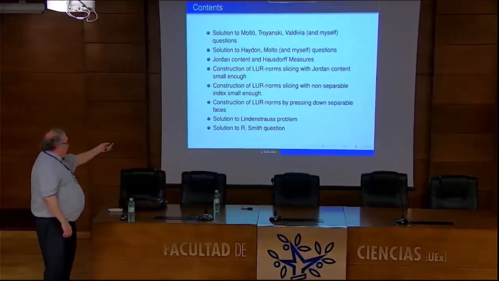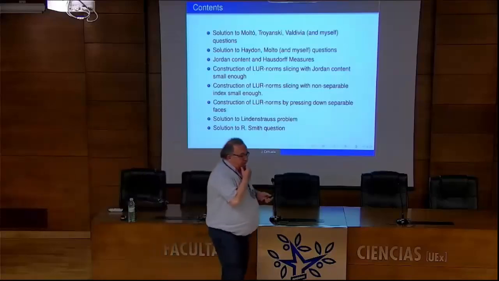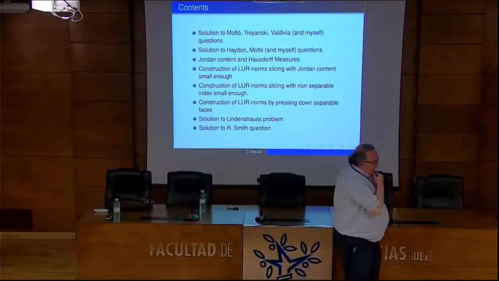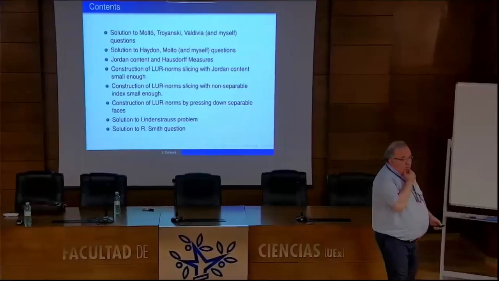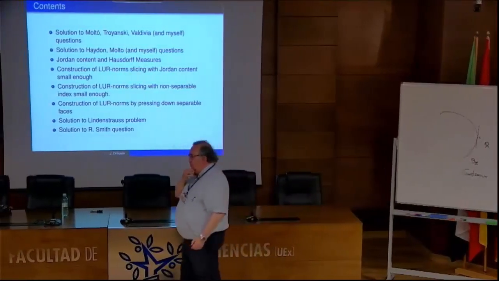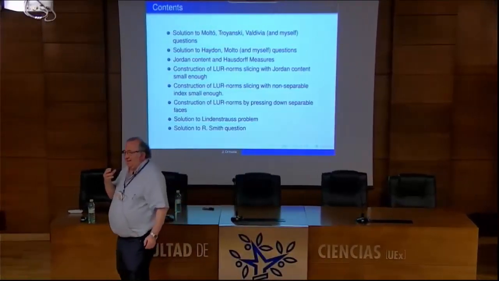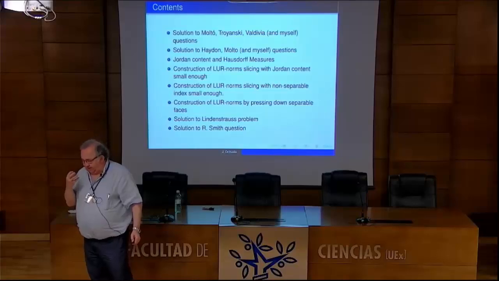So at the end, I have the solution to the industrial problem and the solution to another problem of Richard Smith, who has a problem related to whether dual state convexity is a topological property.